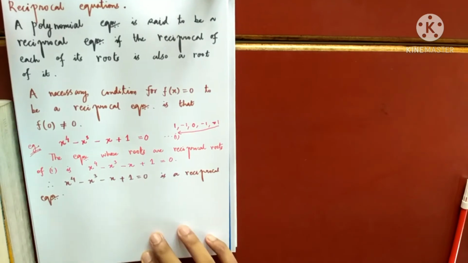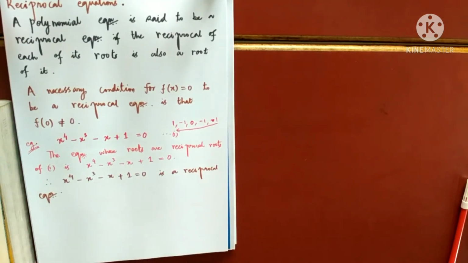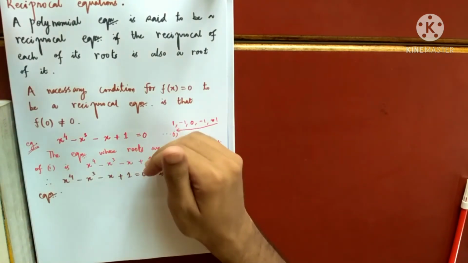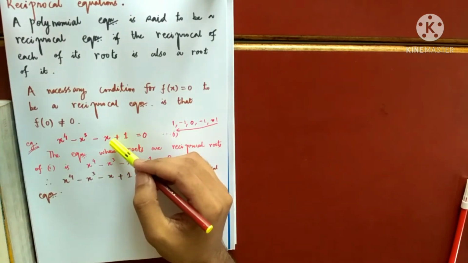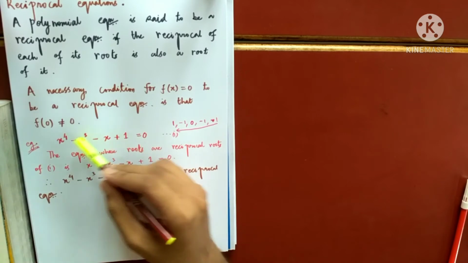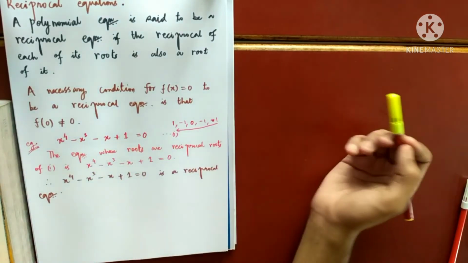So one way of determining whether my equation is a reciprocal equation or not, you find out the equation whose roots are the reciprocal of the original equation. So if both the equations are coming identical, that means if alpha is the root of this equation, then 1 by alpha will also be the root of this equation.